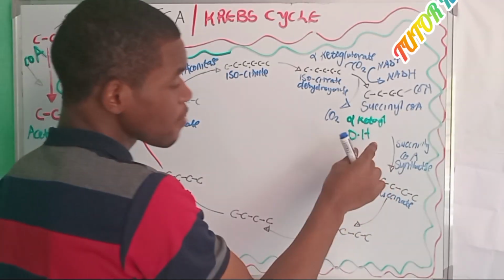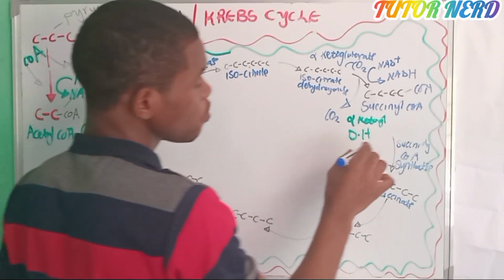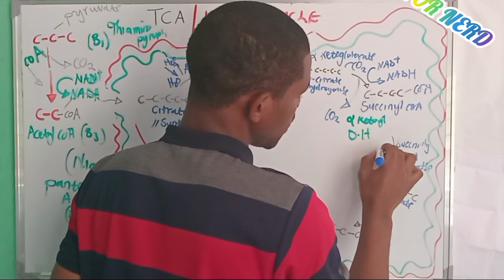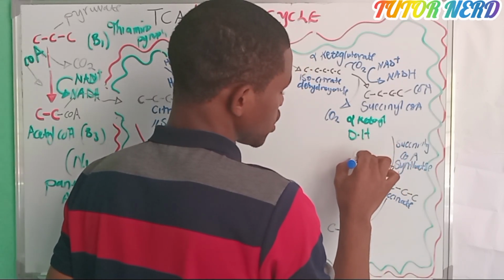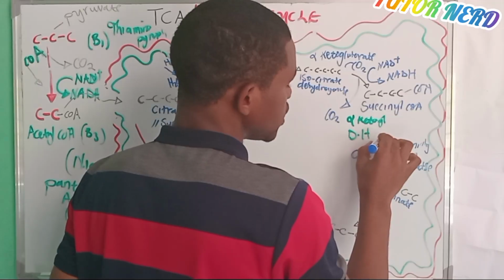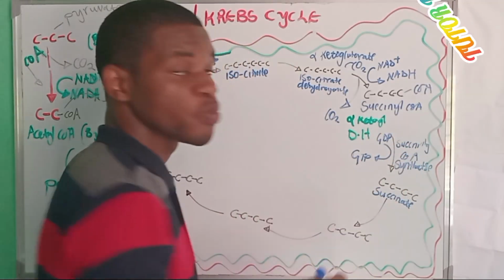Now here the form of energy that will be involved is GDP. So GDP will be converted to GTP. That is actually the energy that will be converted there.